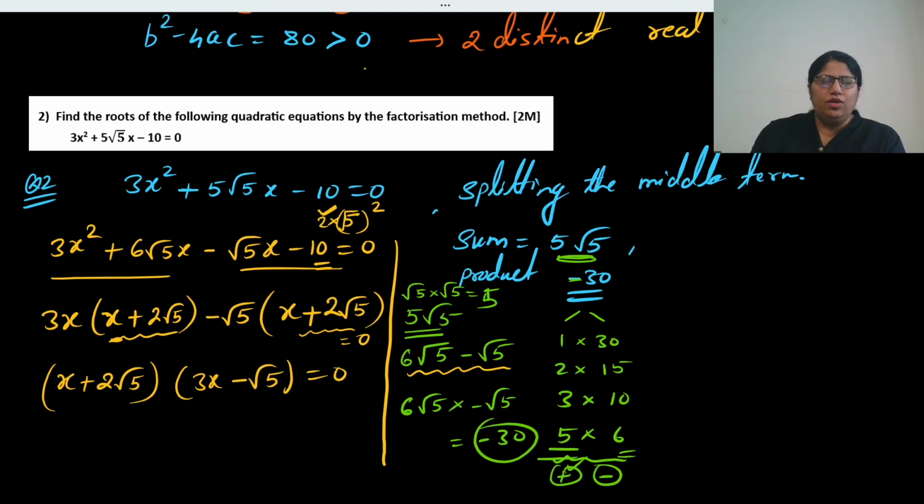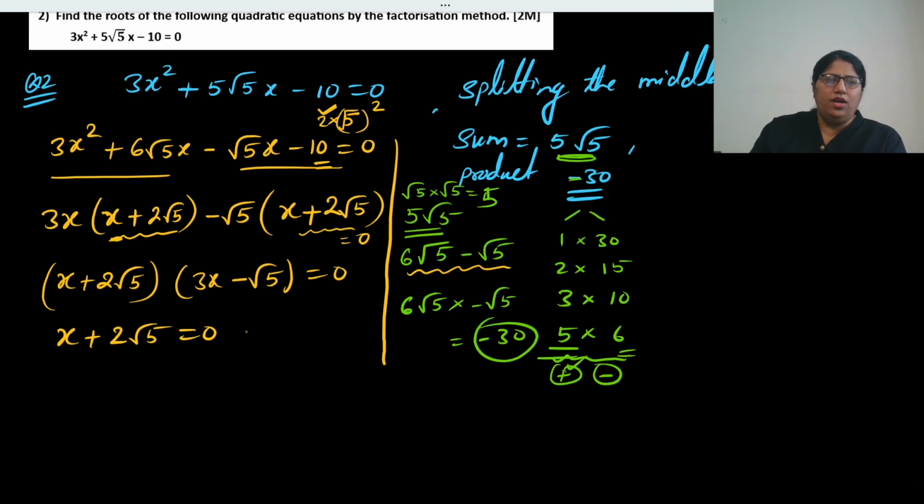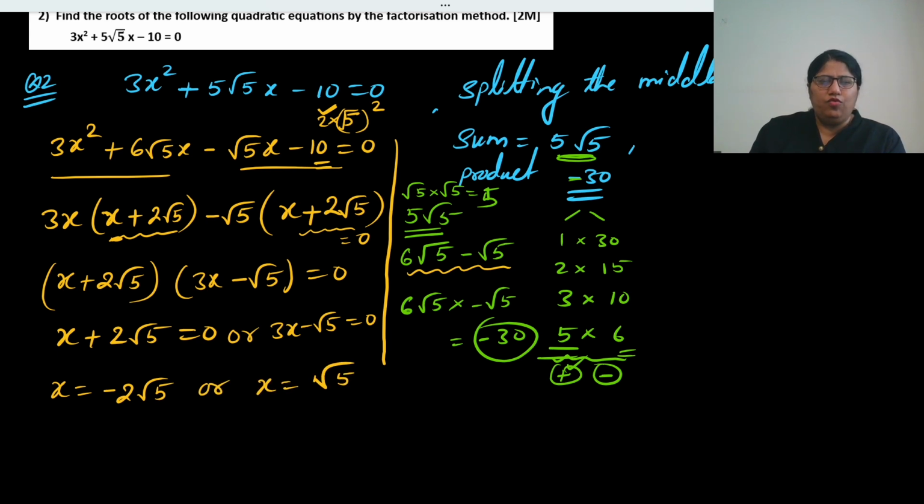So what are going to be the roots here? Because the product is 0, you are going to equate each factor with 0. So x plus 2 root 5 equals 0, or 3x minus root 5 equals 0, therefore x is minus 2 root 5, or x is going to be root 5 by 3.